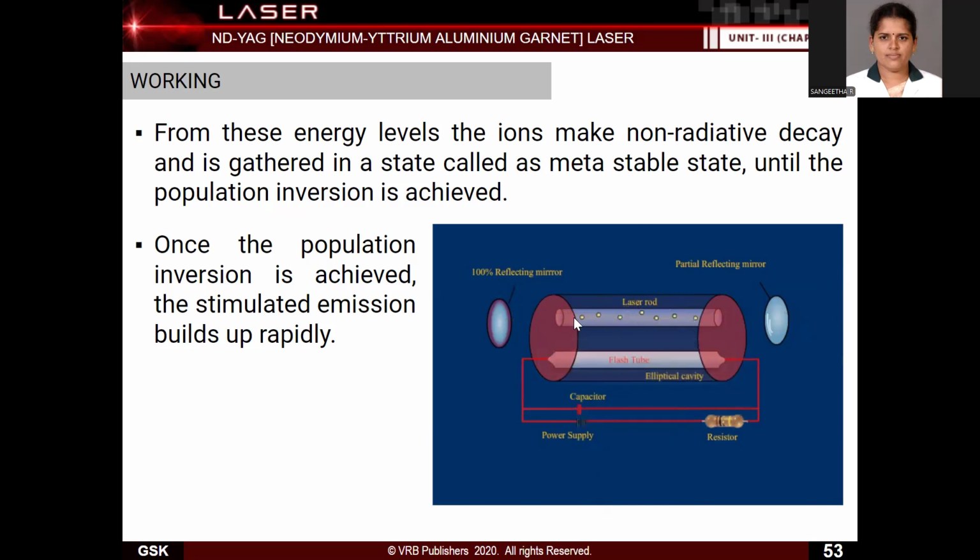Due to that, the electrons gain energy and stimulated emission will be produced. The photons produced due to stimulated emission will be moving back and forth till a sufficient amount of energy is produced. After that, the laser light will be emitted through the partially reflecting mirror.